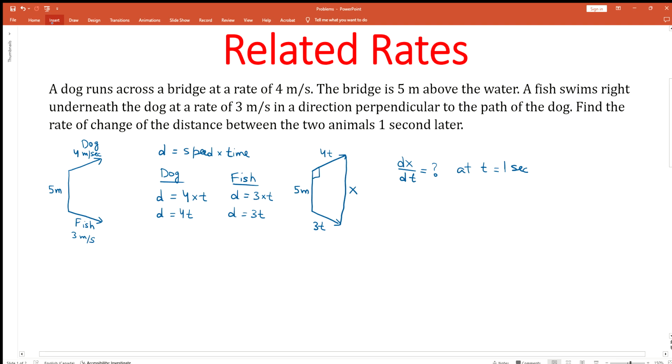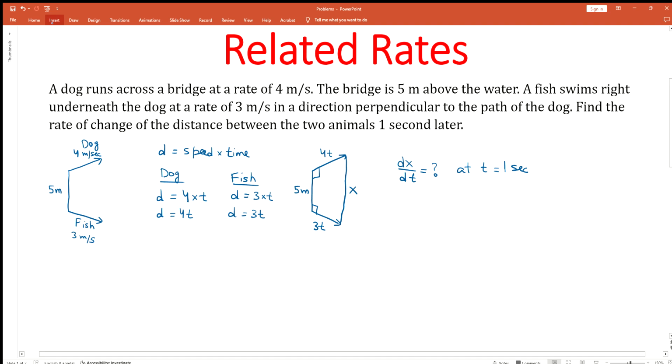Similarly, the side that represents the direction of motion of the fish is perpendicular to the side that represents the height of the bridge above the water. Therefore, the sides that represent the distance traveled by the dog, the fish, and the height of the bridge above the water are perpendicular to each other.